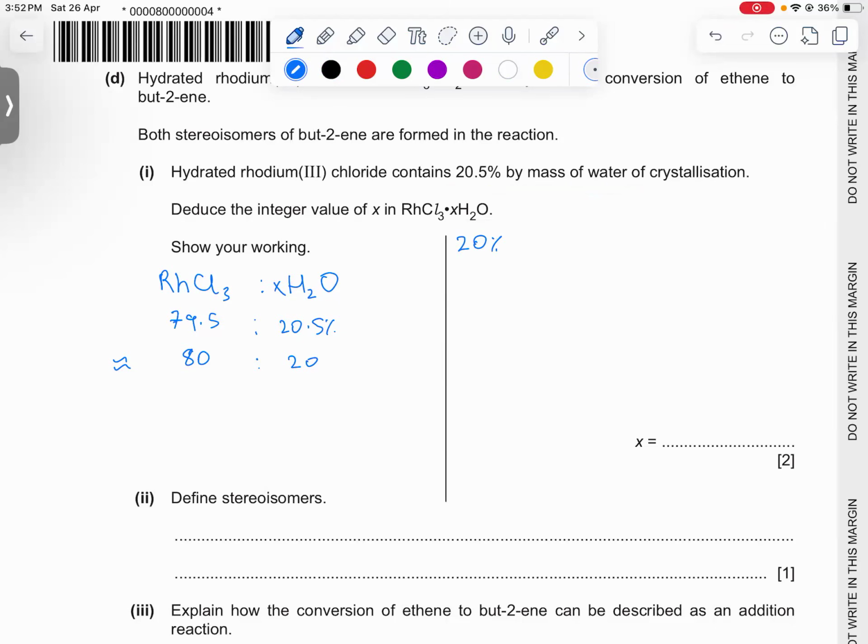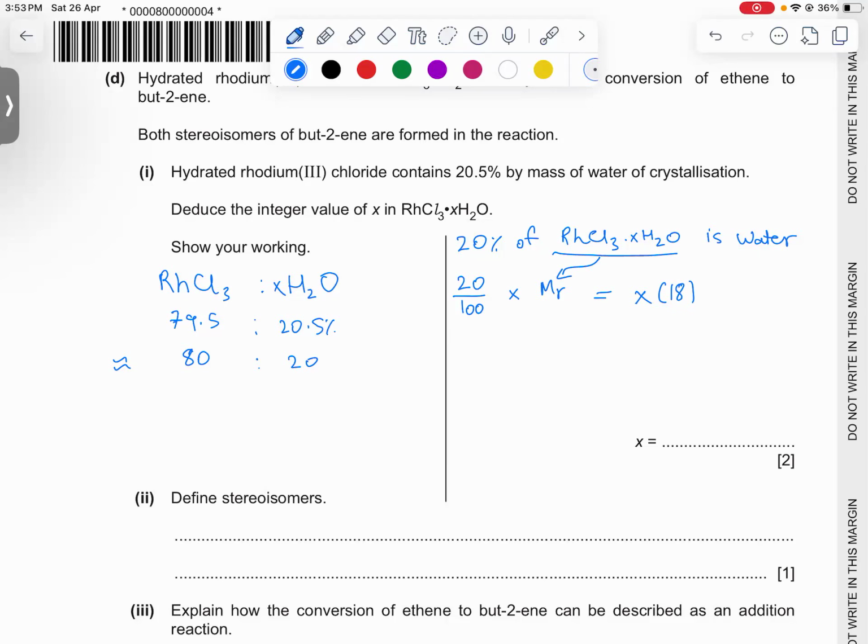Let's suppose 20% of RhCl3, rhodium chloride is RhCl3.xH2O, is water. So we can say that 20 upon 100 multiplied by the Mr of whatever this is equals x amounts of water, and water is 18. We could do it both ways.